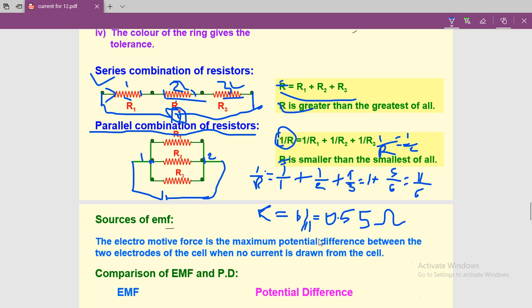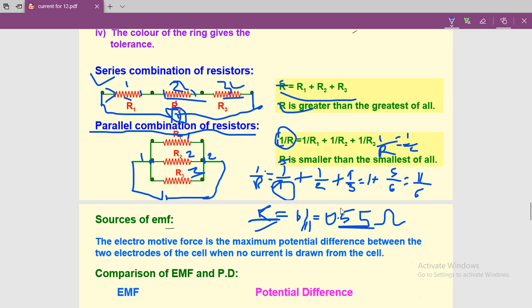I hope you understand. Now you can see this value, that is the value of equivalent resistance R, is less than 1 ohm, which is the smallest of these three. This one is 1, this one is taken as 2, this one is taken as 3 ohm. So you can see the value of equivalent resistance is even less than 1 ohm here.